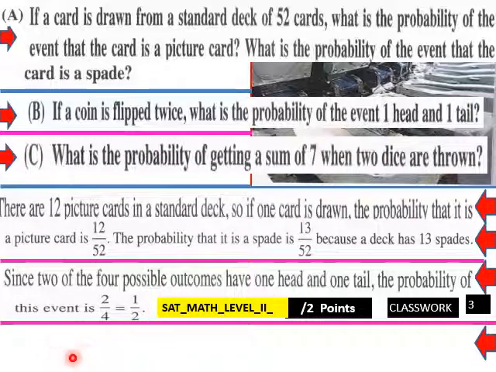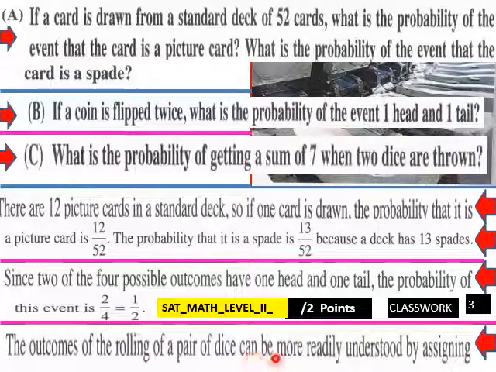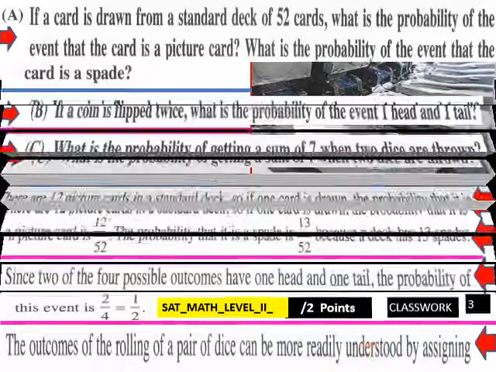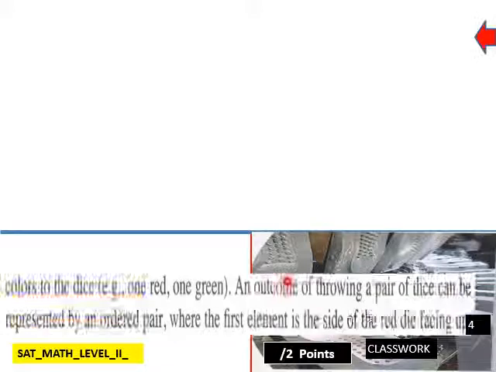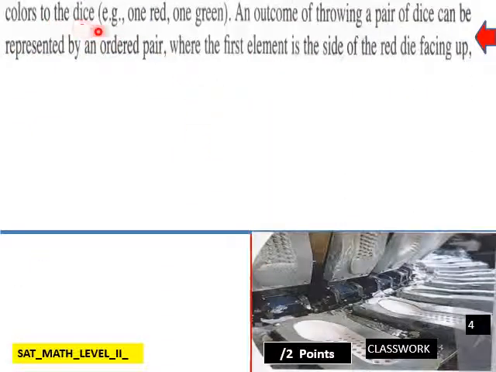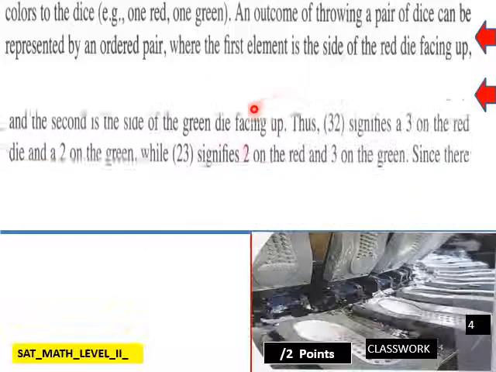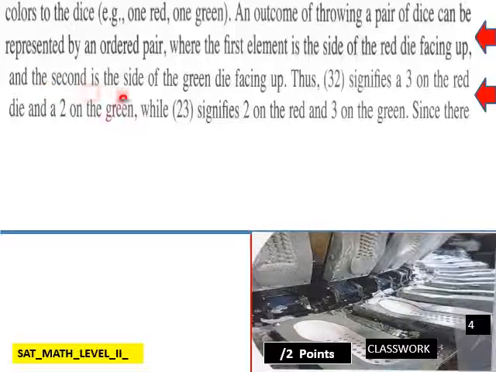When 2 dice are thrown, the outcomes of rolling a pair of dice can be more readily understood by assigning colors to the dice. Say one's red and one's green. An outcome of throwing a pair of dice can be represented by an ordered pair where the first element is the side of the red die facing up and the second is the side of the green die facing up.